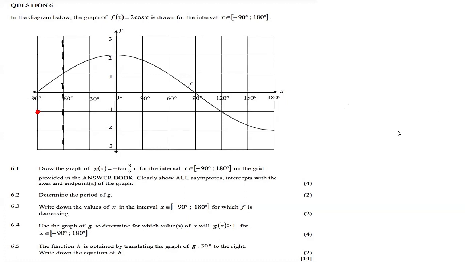And then when we punch -30 degrees, it gives us positive 1. Punching 0 gives us 0. Punching 30 degrees gives us -1. And then again at 60, we have another asymptote, so we indicate another asymptote like that. Let's continue at 90.